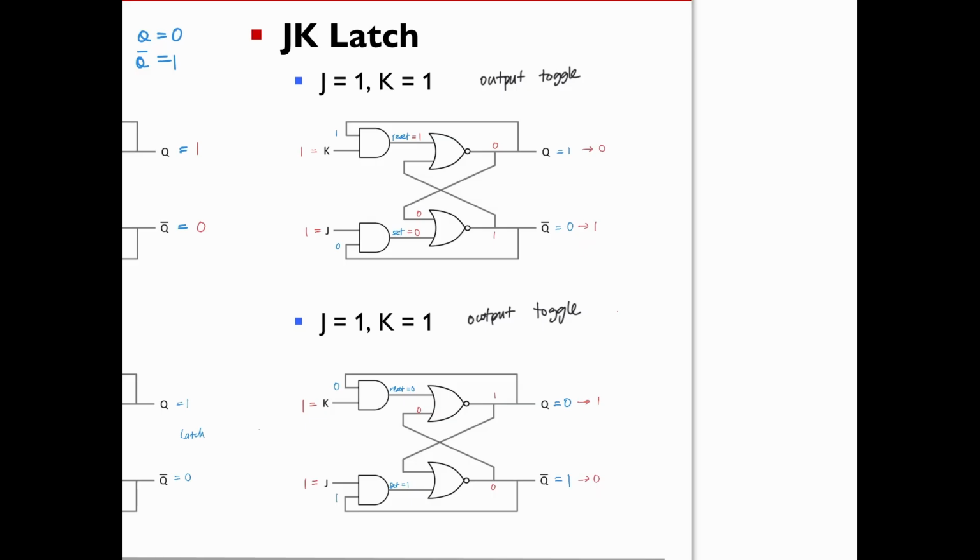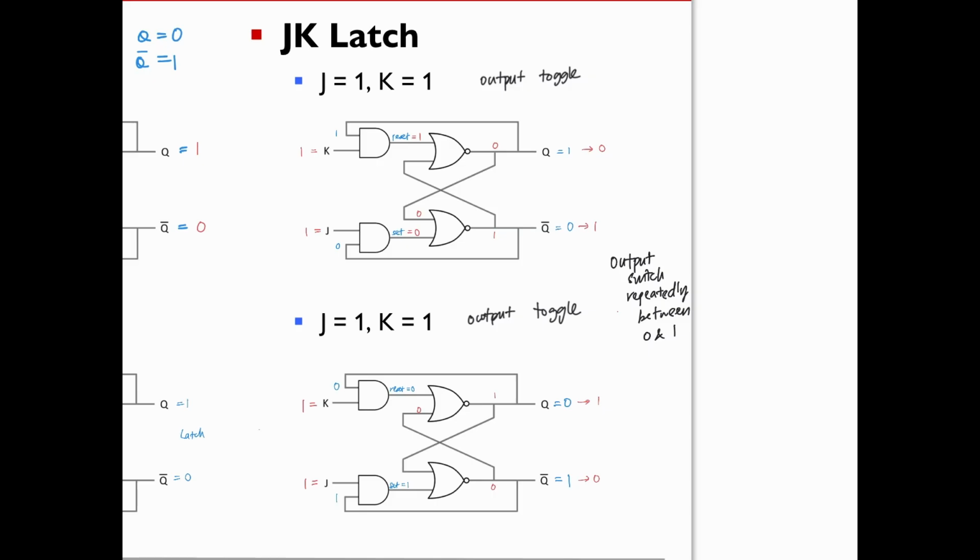If this is just a JK latch, the output will keep on going from 0 to 1, 1 to 0, repeatedly, between 0 and 1, so long as J equals 1 and K equals 1. So you will not get into the invalid mode of the SR latch.